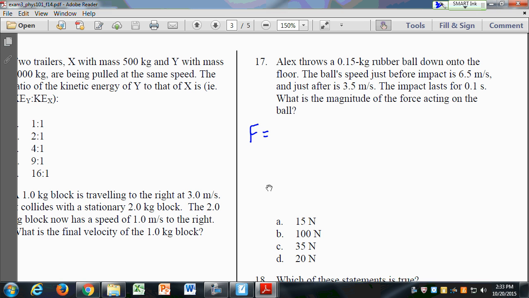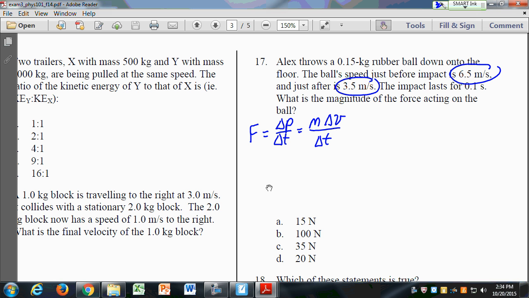F is equal to delta P over delta T, which is M delta V over delta T. Okay, so what you need to be careful with here is your signs, because when I have a rebound, that is when I'm going in one direction and then I go in the opposite direction, you have to be very careful with your signs, because often students will look at this and say, well, the change in velocity is what?